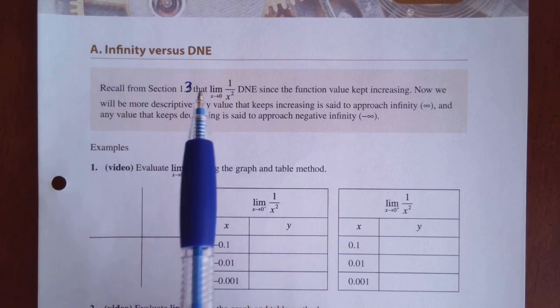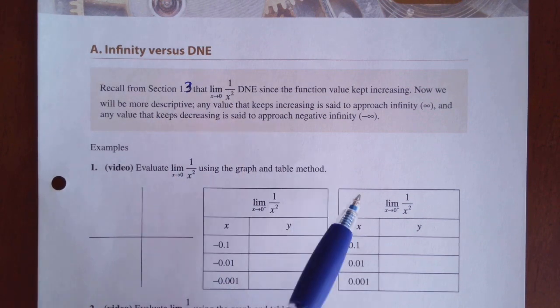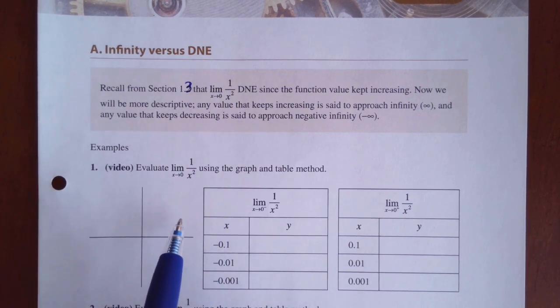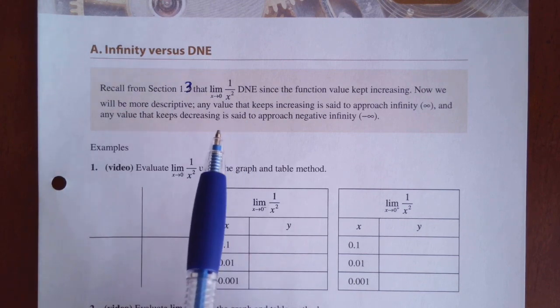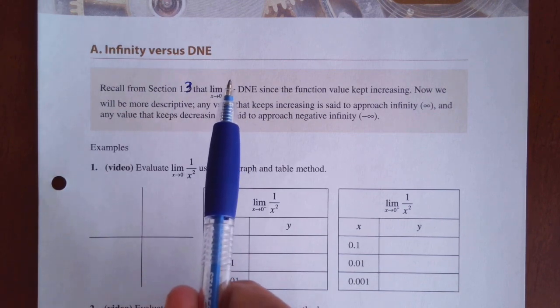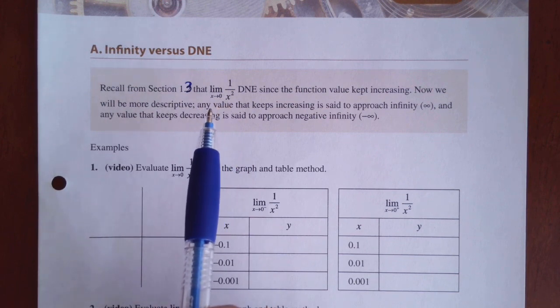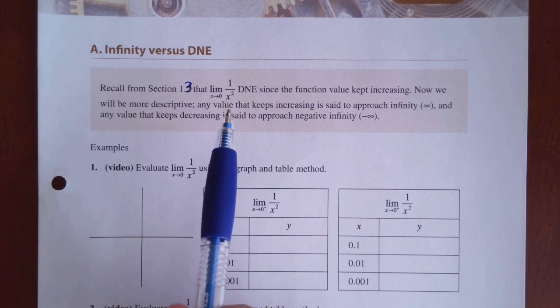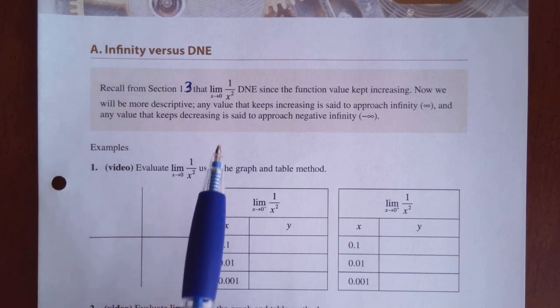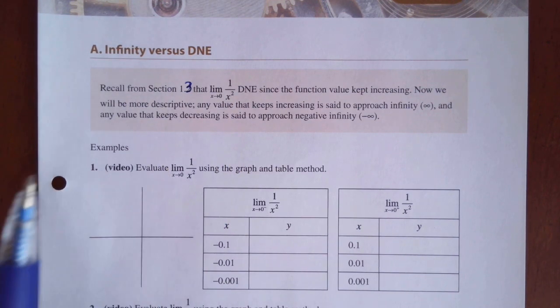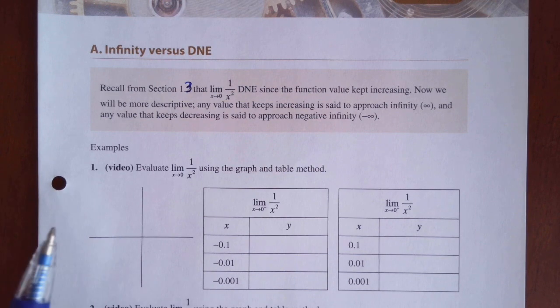Now, from section 1.6 on, we're going to be more descriptive. If we end up with the form of a number divided by 0, which is not indeterminate, then that's telling you you're at an asymptote, and that means the values might go to infinity, might go to negative infinity, or still may not exist.